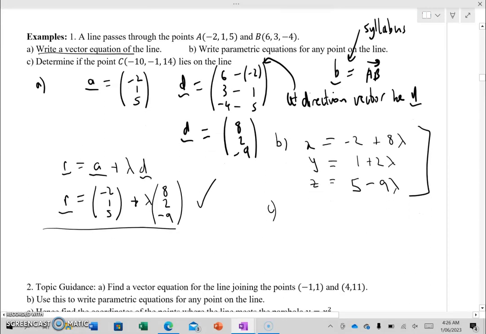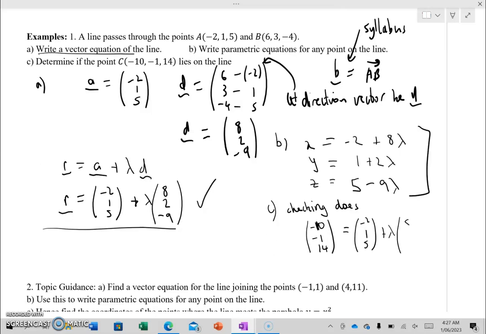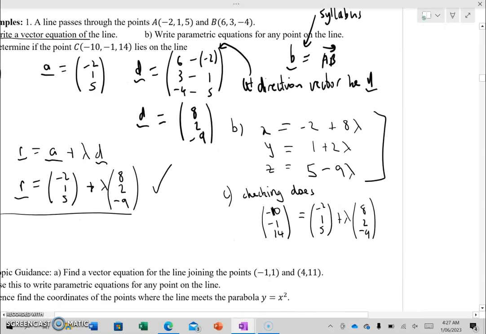So basically we're checking, does, and I'll sub in the point for R, negative 10, negative 1, 14, equal to negative 2, 1, 5 plus lambda 8, 1, negative 9. We're checking does that.